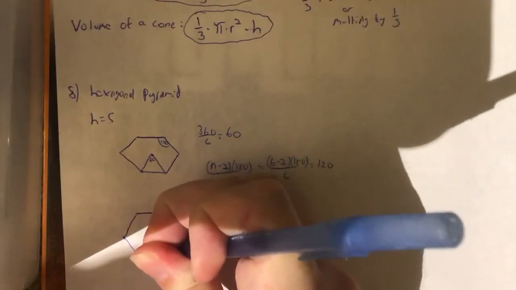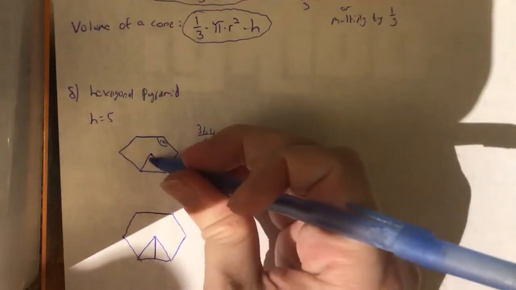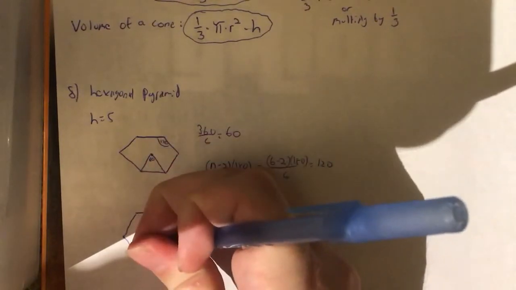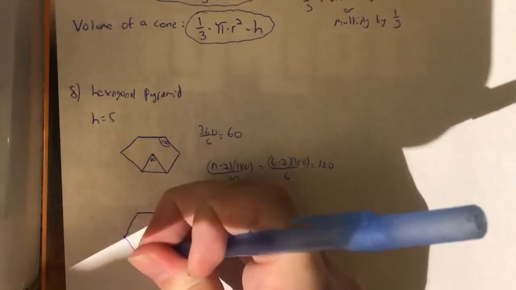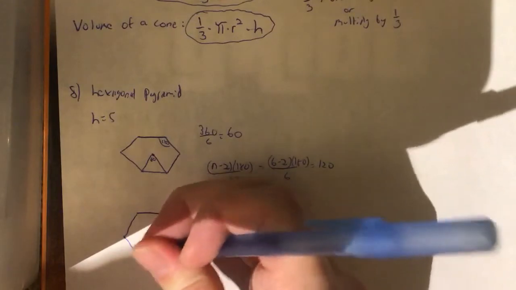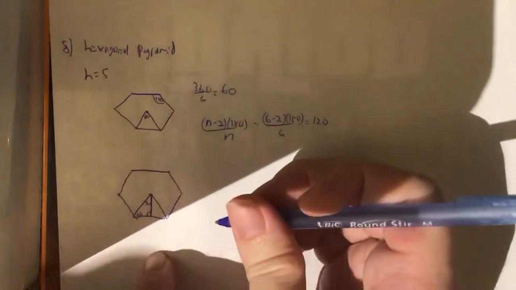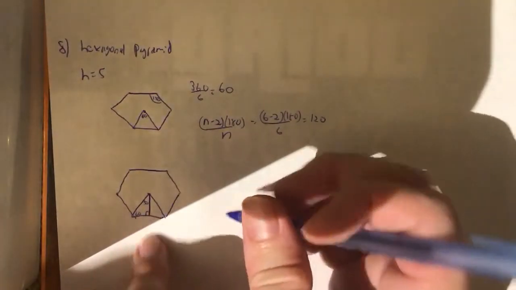So if I draw it straight down like this, if this angle was 60, then when I cut it straight down, it bisects it. So now this piece is 30. Remember, this entire angle is 120, so when I cut it, this is 60, and this is 90. So now I have a 30, 60, 90 triangle.